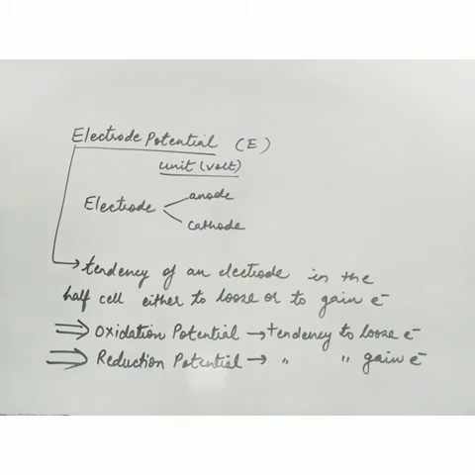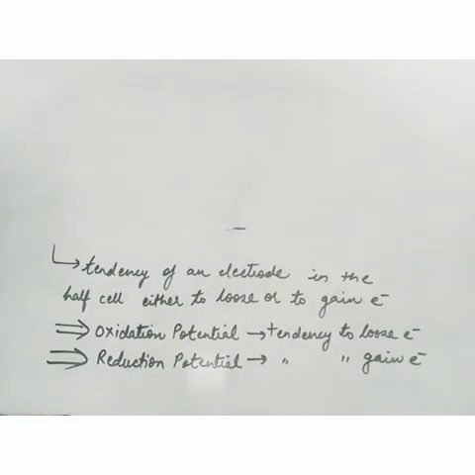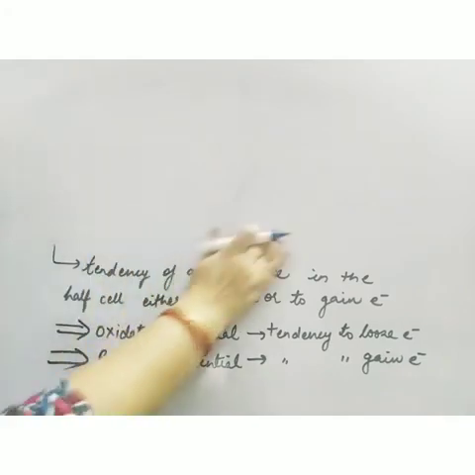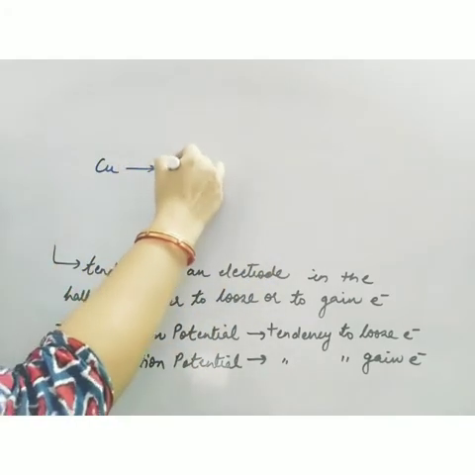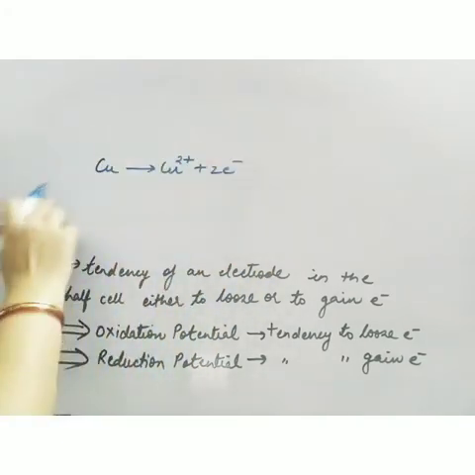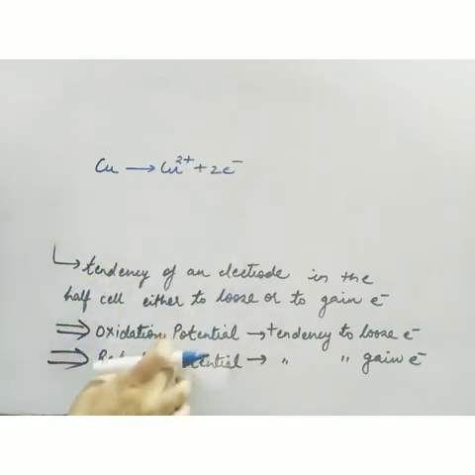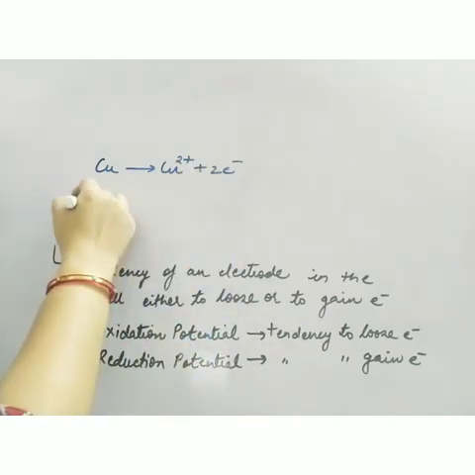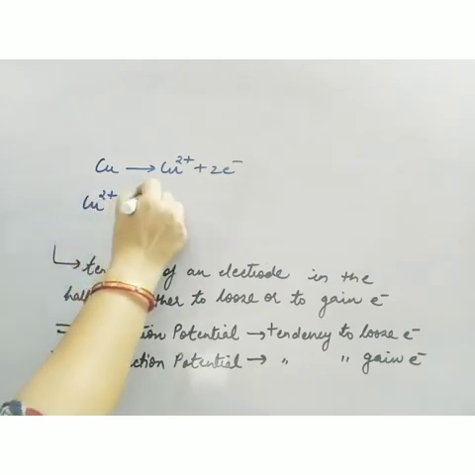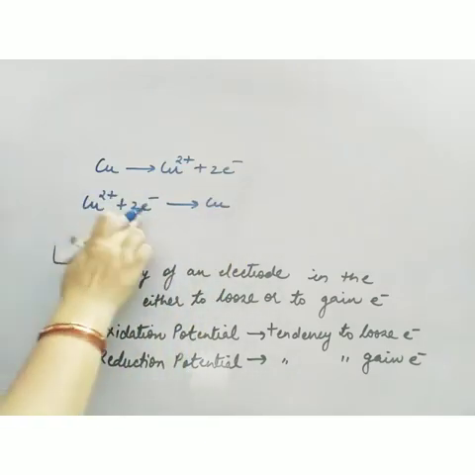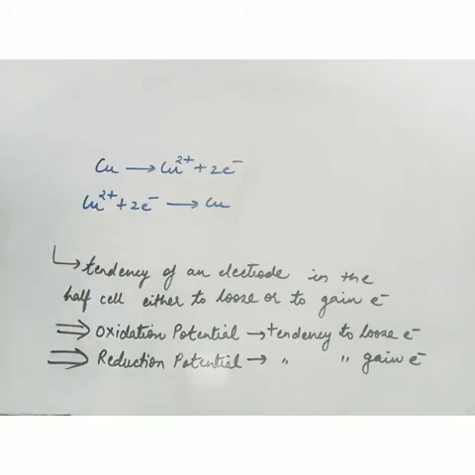So for a single element, sometimes we have oxidation potential and sometimes we have reduction potential. So what happens? These two potentials are equal. For example, I can write here, suppose for copper, Cu gives Cu2 plus plus 2 electrons. Now copper has tendency to lose 2 electrons, so here I will calculate oxidation potential for copper. And suppose if I write Cu2 plus plus 2 electrons gives Cu, now Cu2 plus has tendency to gain 2 electrons, so here I will calculate reduction potential.